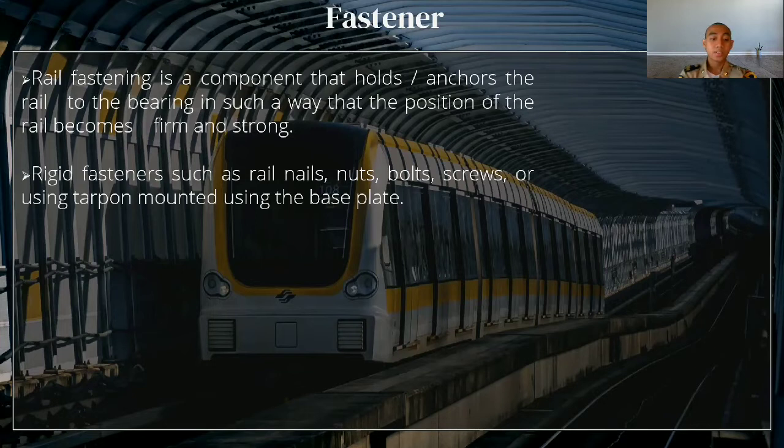In addition, elastic fasteners are also used on rails that are connected by thermite welding, or continuous welded rail, because the rail connections are welded so that they do not have an expansion gap, because of their ability to hold the railroads from moving horizontally during expansion.